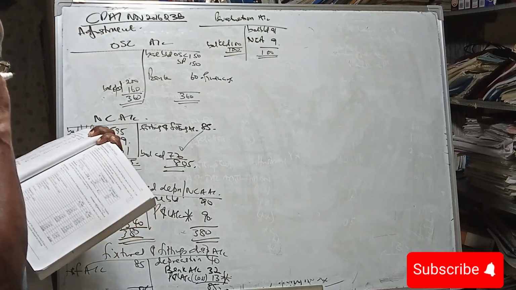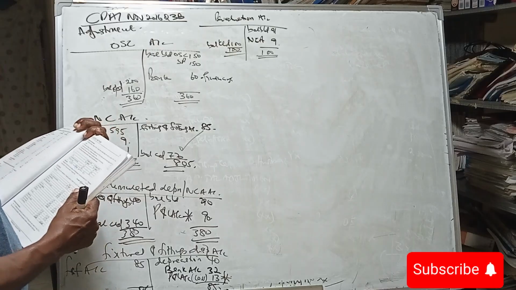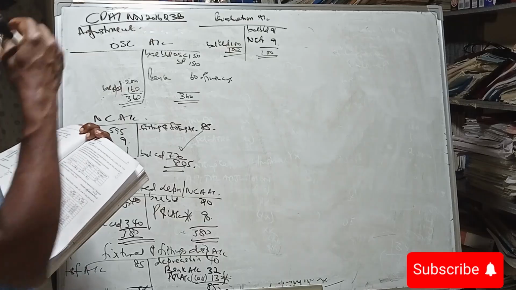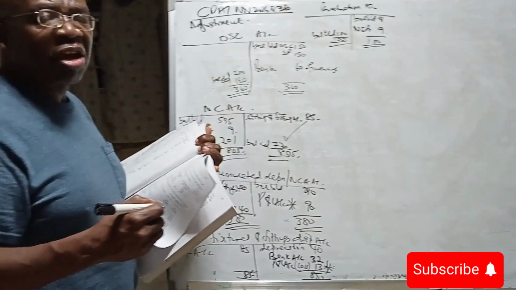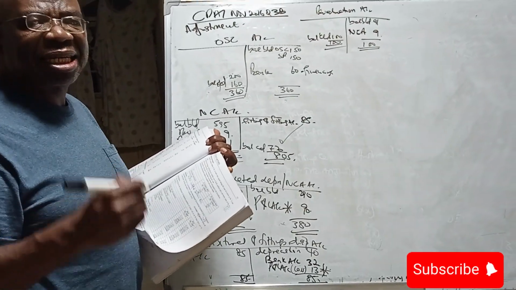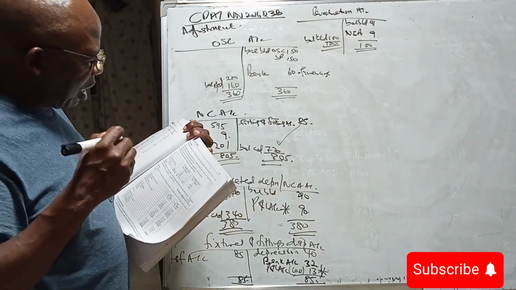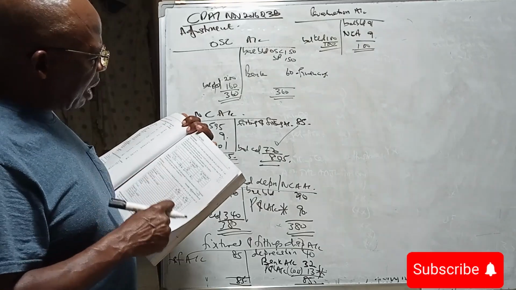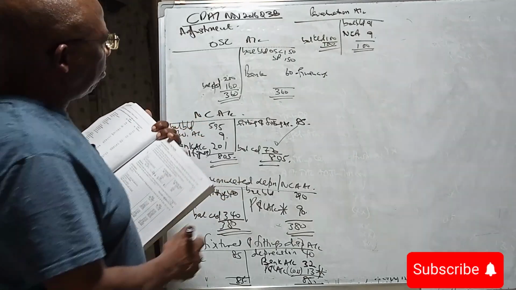Now from there, we are told additional information number 3. The proceeds of sale of long-term investment. When we talk about long-term investment, we are talking about a non-current asset called long-term investment. The proceeds of sale of long-term investments amounted to 30 million.